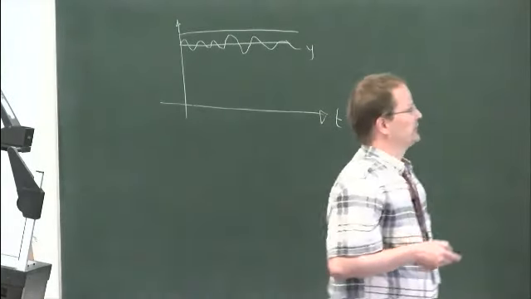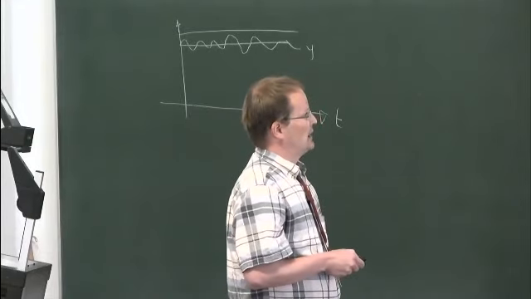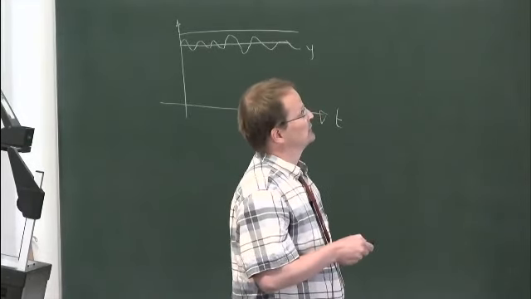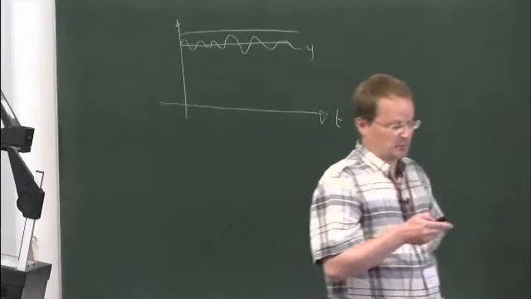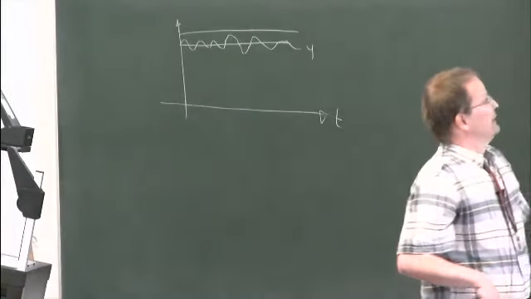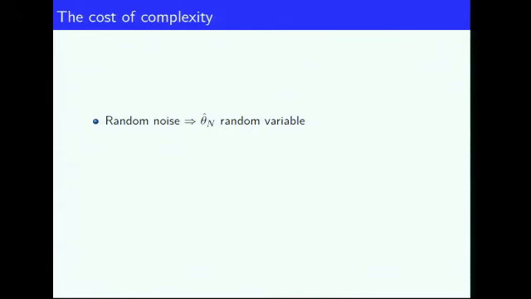So this leads to this problem formulation, that I would like to minimize the output energy subject to the constraint that my parameter estimate ends up in the set of acceptable models. Now I will be in a stochastic setting, so theta hat will be a random variable, so I cannot guarantee this.